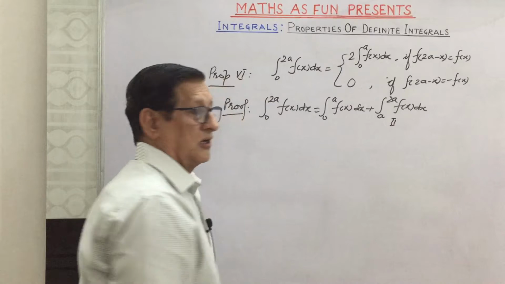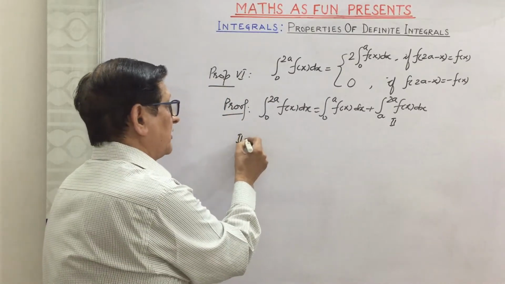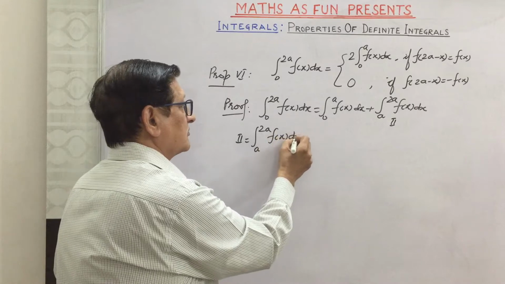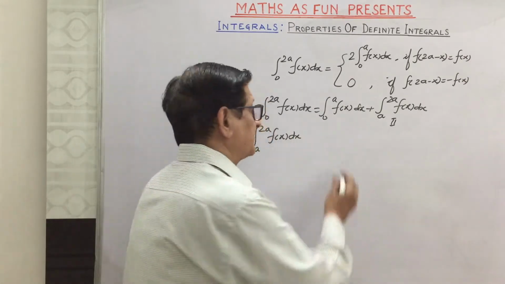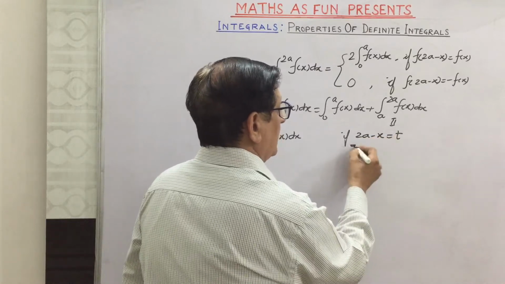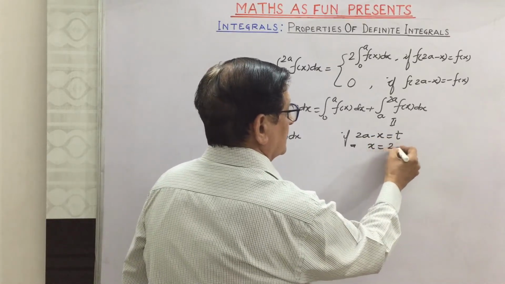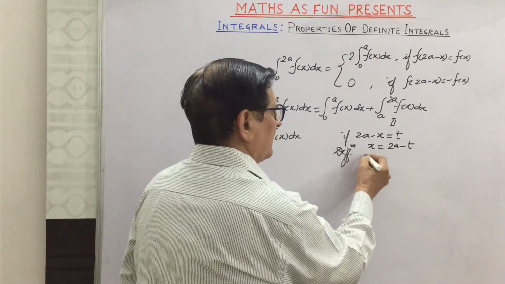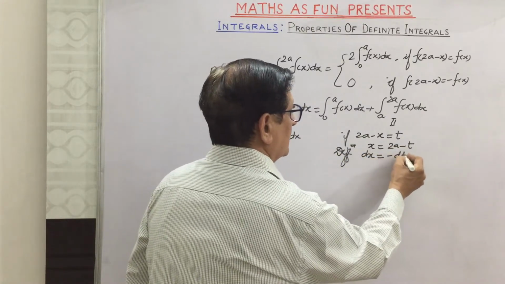Second part. If we go only for the second part, we find here a to 2a f x dx. If we substitute here 2a minus x is equal to t, or we can say x is equal to 2a minus t, then differentiating we will be getting dx is equal to minus dt.